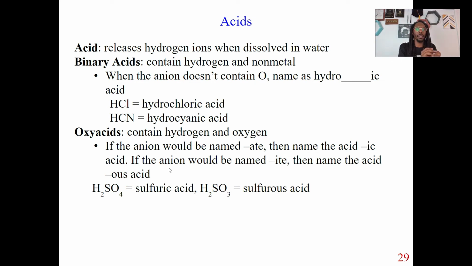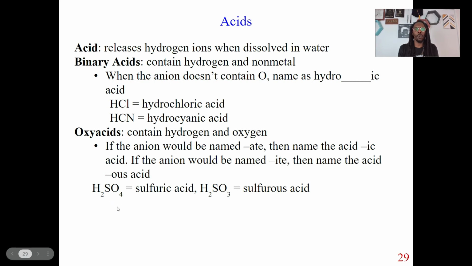And if the anion, once again containing oxygen, has ITE, that's less oxygens. If it has less oxygens, then you change the ending to OUS acid. So if we think about it, let's look here. H2SO4. This is an oxy acid as it has hydrogen and contains oxygen.